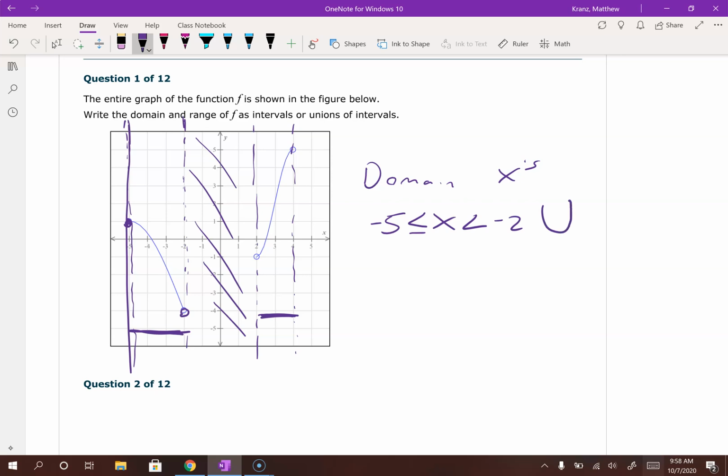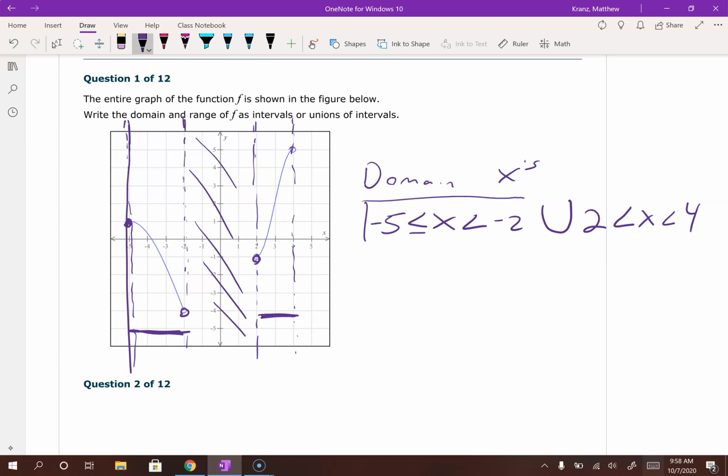Then you have "or," that's the union. We see that it starts up again at 2, but it's greater than, not equal, because it's an open circle. And then once again, it goes all the way to 4, and you have another less than symbol.